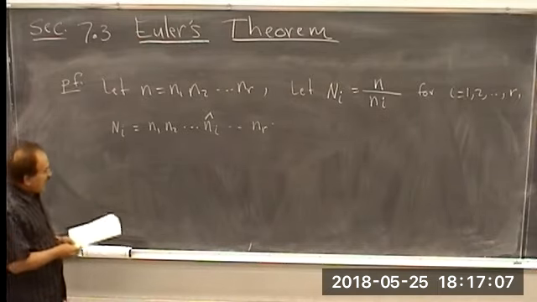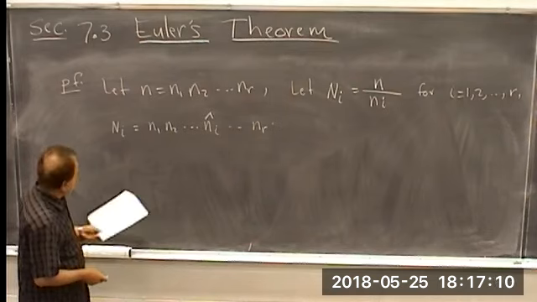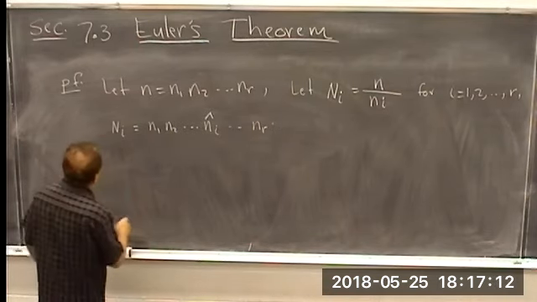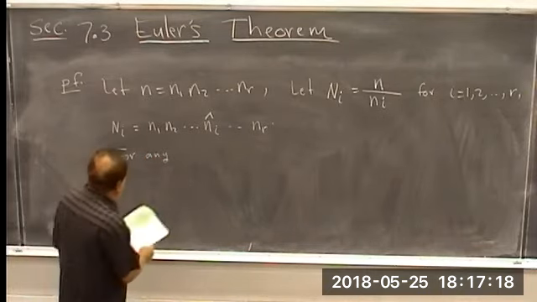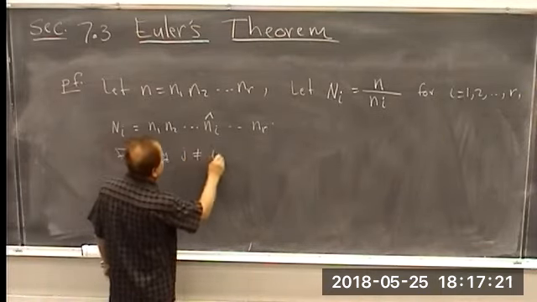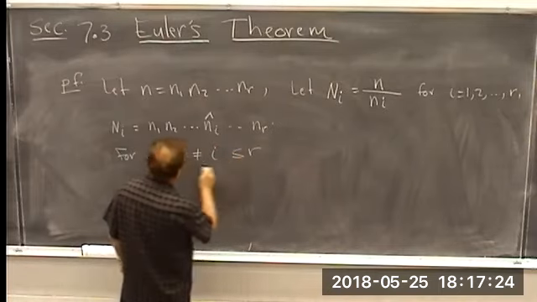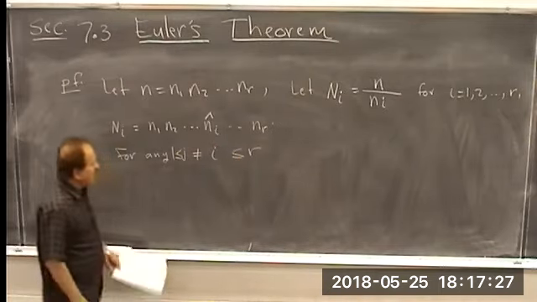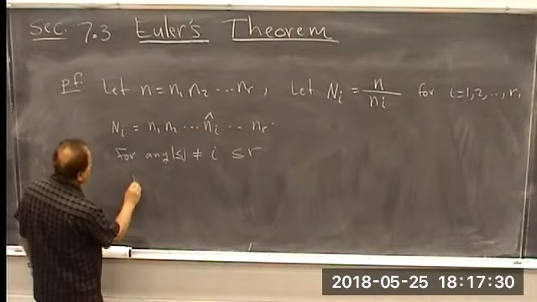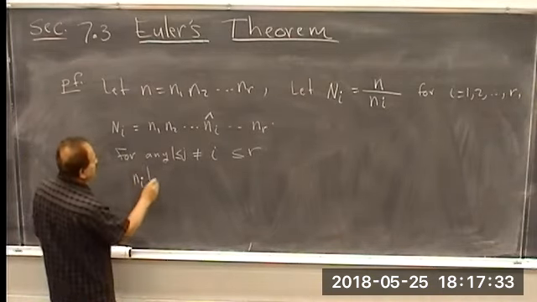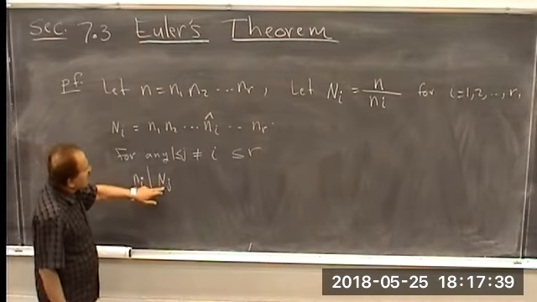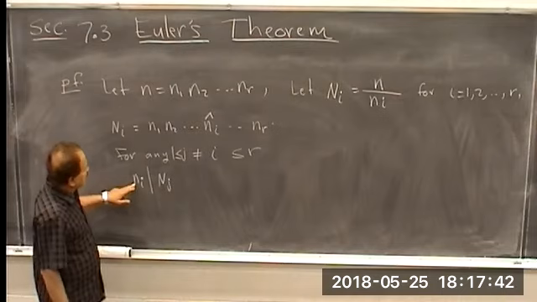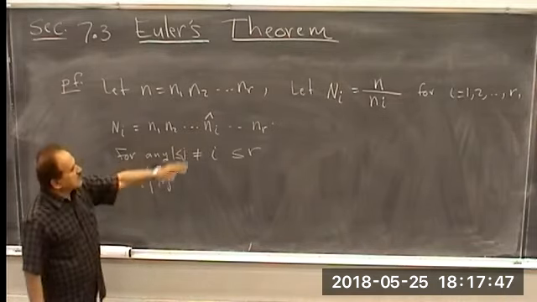Now from this, for any j not equal to i, between 1 and r, n sub i is going to divide n sub j, because n sub i is missing in the product, but as far as it is not n sub i, the little n would divide it, because it could include all of this.